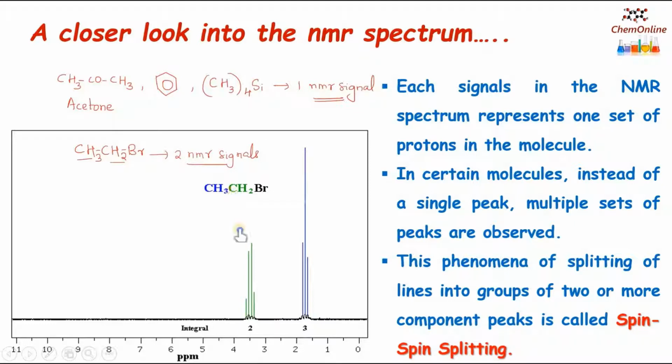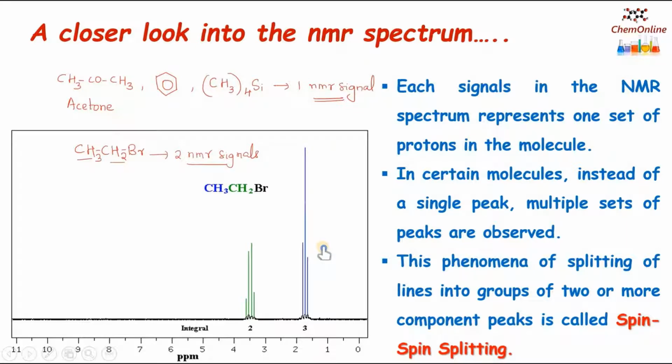Similarly, the peak due to CH2 protons, which is shown in green color, we can see four different lines. So instead of two single peaks, here we can observe peaks which are split into different lines.